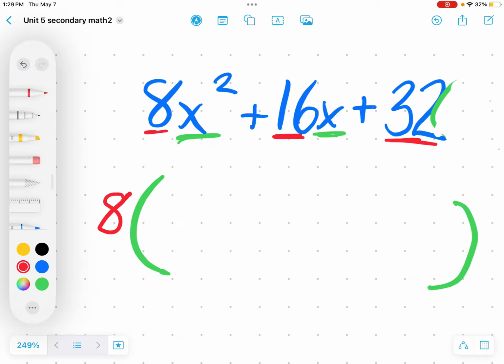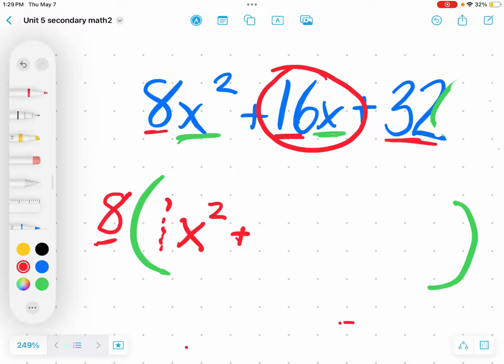So take every number and divide it by your GCF, which is 8. What's 8 divided by 8? 1. Remember, 1s are invisible. But then we still have the x squared. The x still remains. Would it be 16 divided by 8 or 8 divided by 16? 16 divided by 8. Good question.